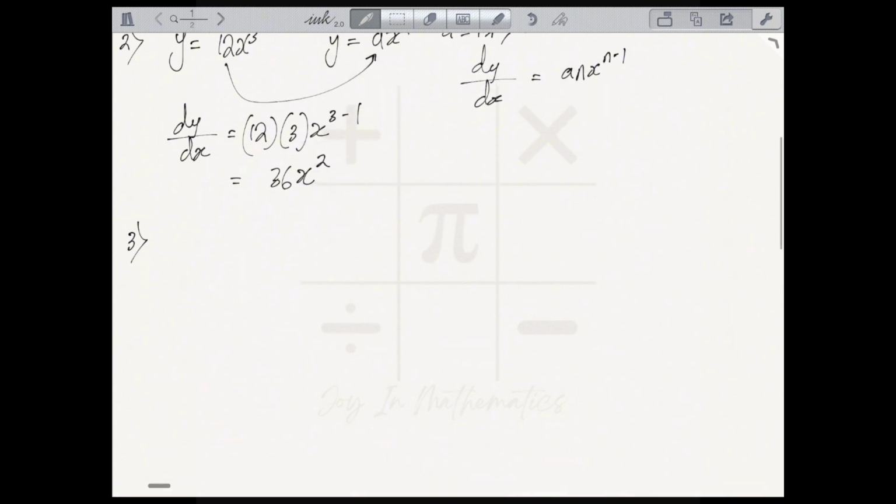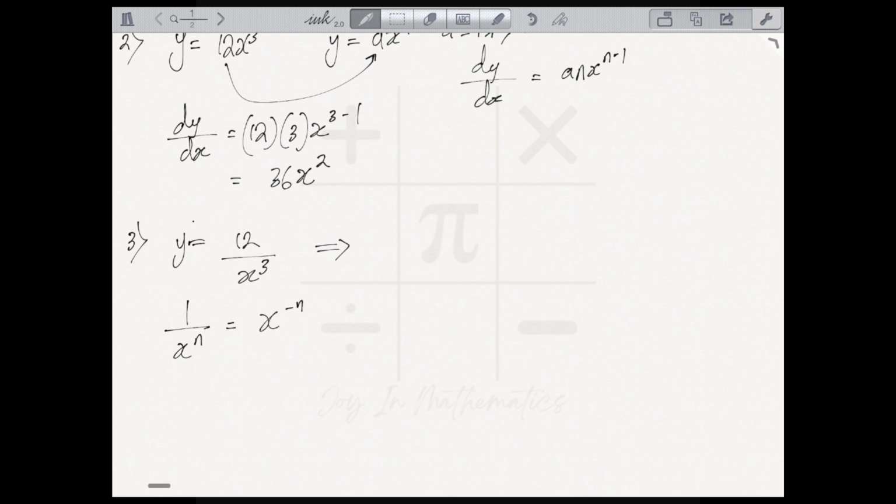Next example. We have y is equal to 12 over x raised to power 3. Now we can change this into standard form, because according to the law of indices, 1 over x raised to power n is equal to x raised to power minus n.